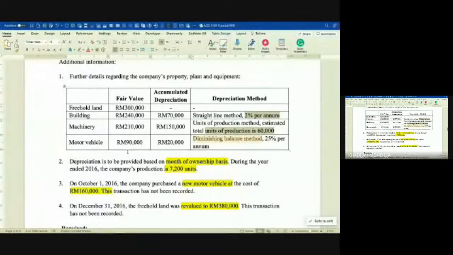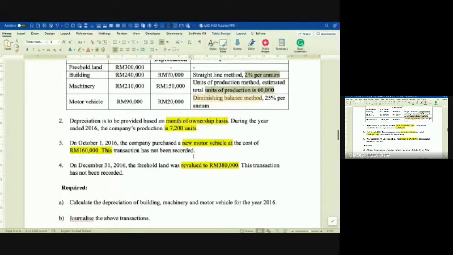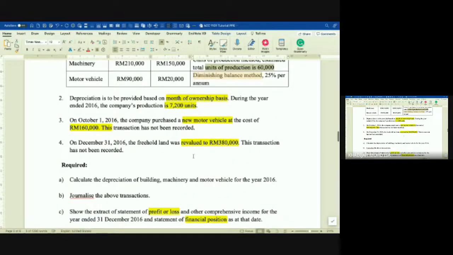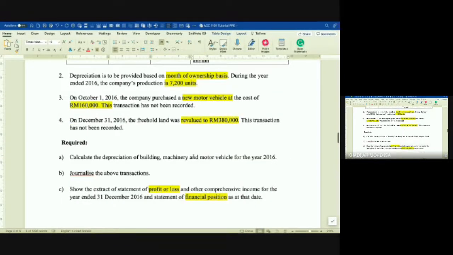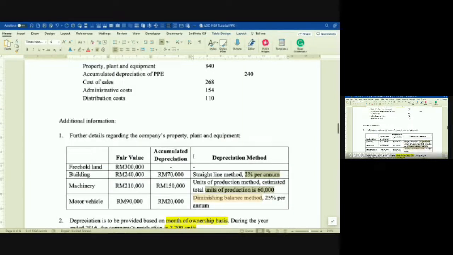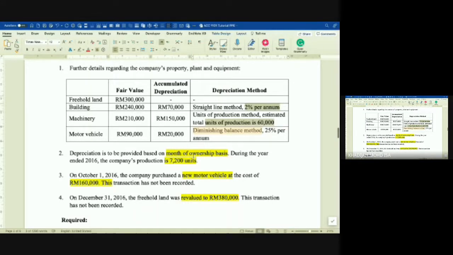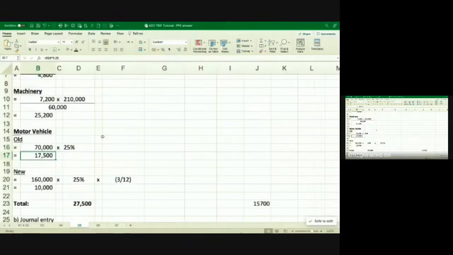But then you also have this new motor vehicle. The cost is 160,000, and this motor vehicle also uses the diminishing balance method at 25%.